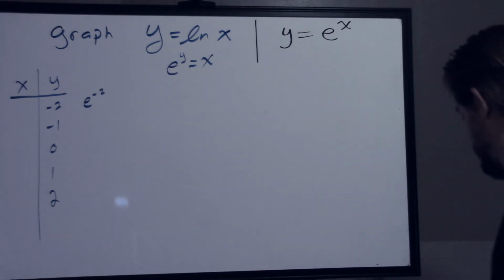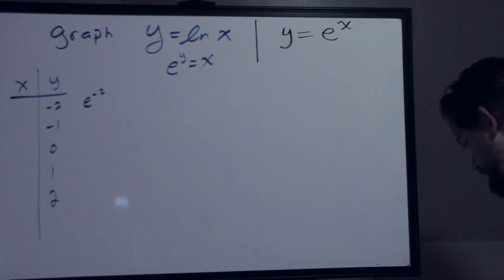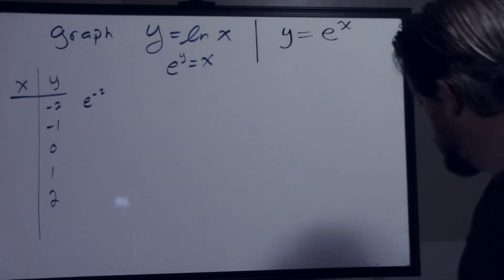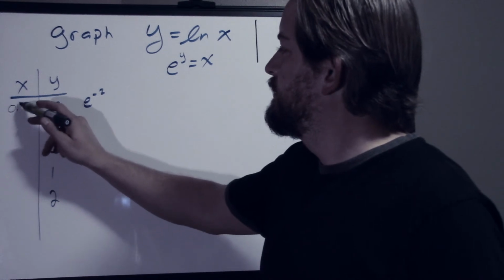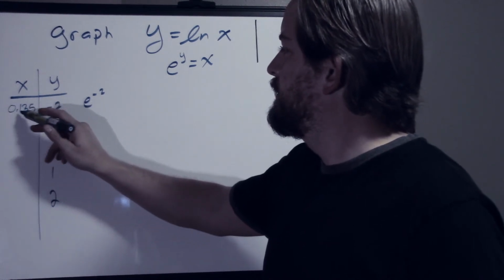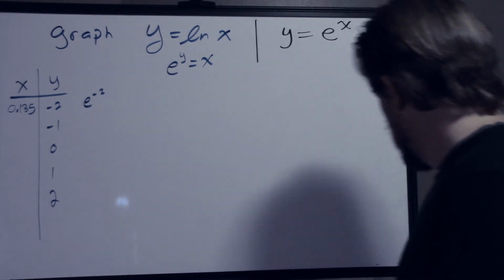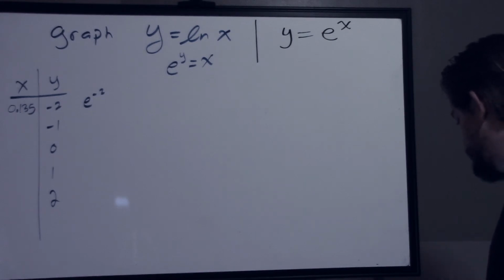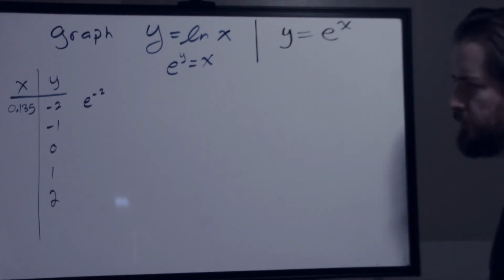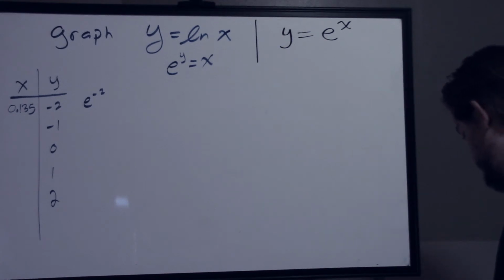e to the -2 is 0.135. Okay. And I suppose I can cheat and steal these numbers. Oh, they rounded them pretty small. Let me just do these.